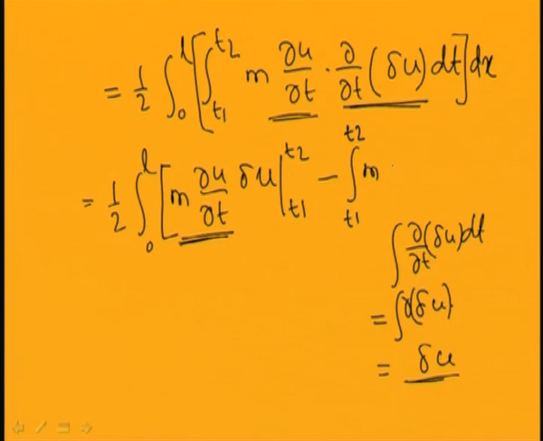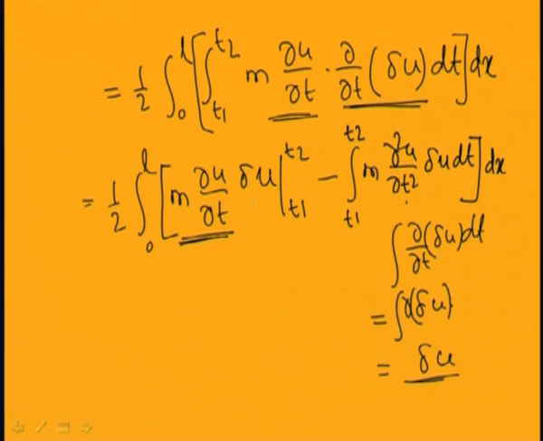So it becomes m del square u by del t square into del u into dt and whole into dx. So, this term becomes m del u by del t del u from T1 to T2 minus T1 to T2 m del square u by del t square del u dt dx.